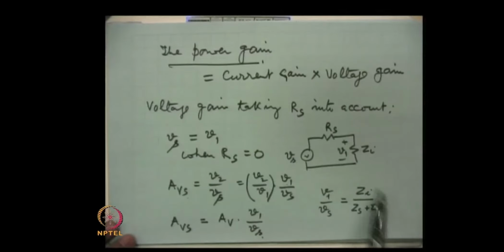Simple. This is the voltage divider circuit, where this voltage is divided between two parts, and they will be in this ratio.